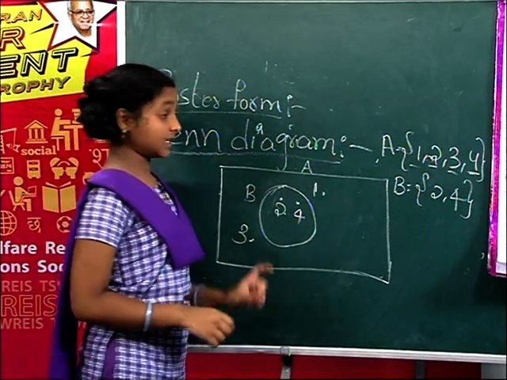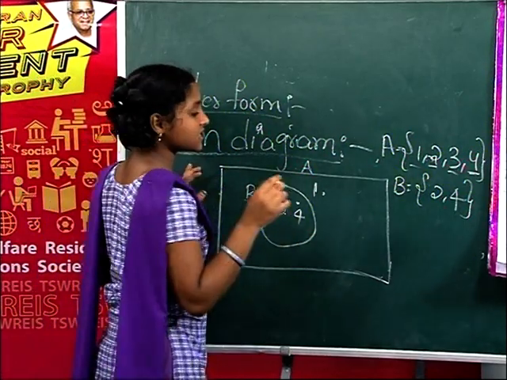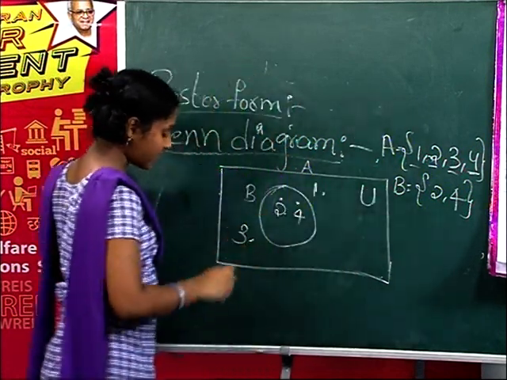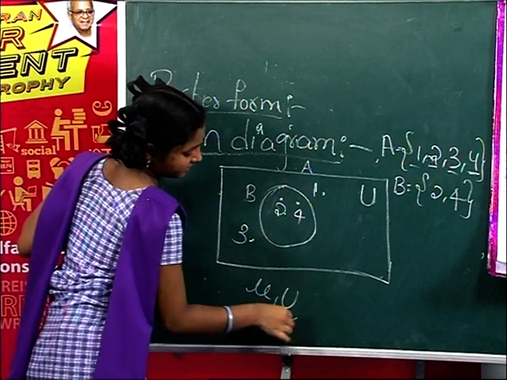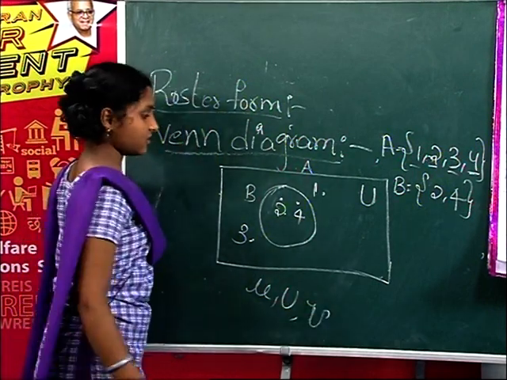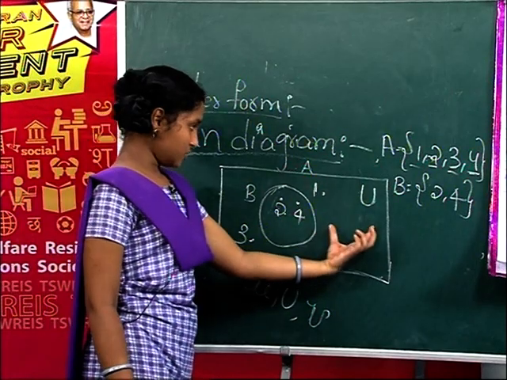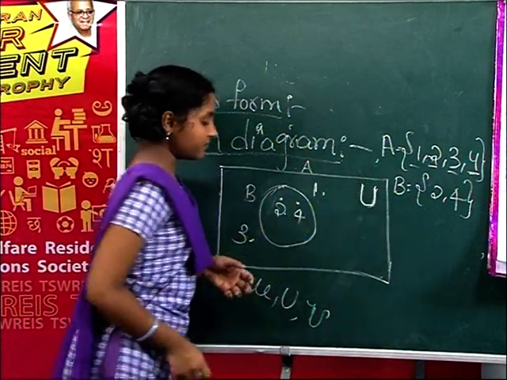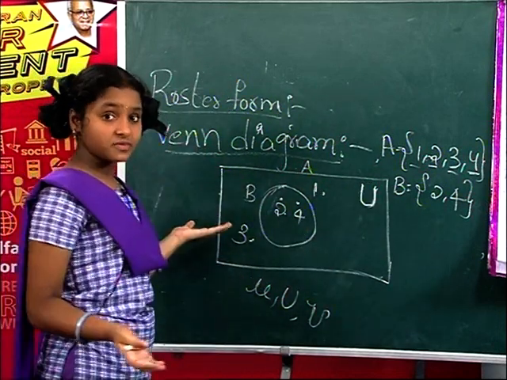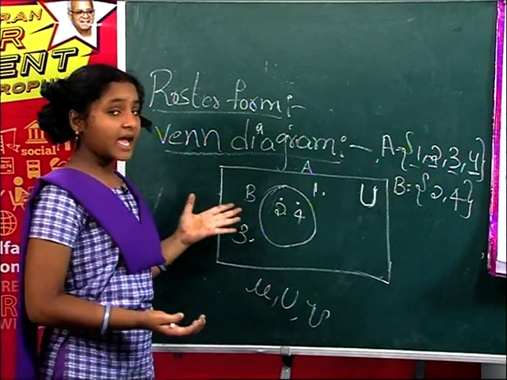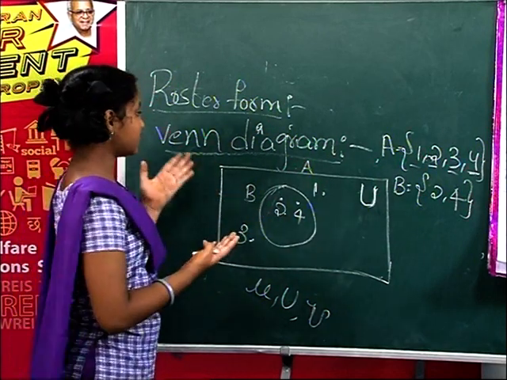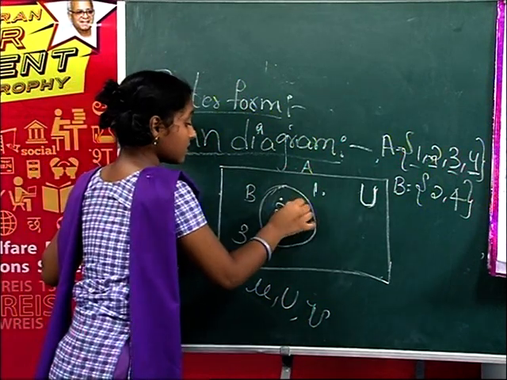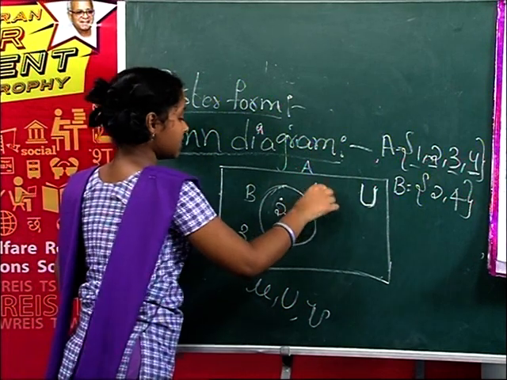The important thing is that the universal set is represented using the symbol mu. It is usually written like this, and it is called mu. We definitely have to represent this by mu. These types of diagrams are called Venn diagrams, and it is easy to learn sets using Venn diagrams.